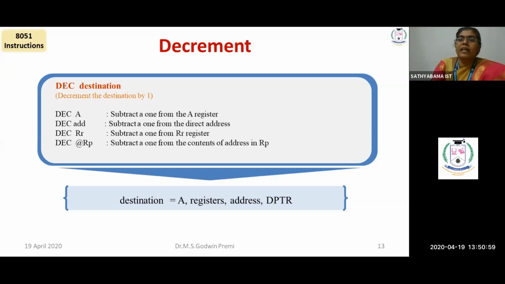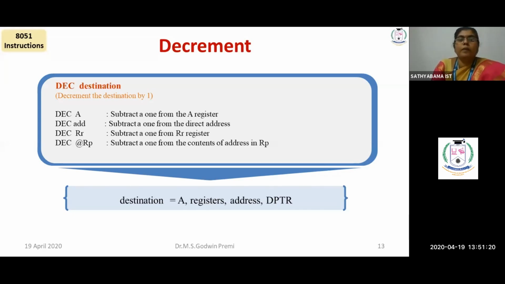By that way, that is the indirect way, we can decrement the DPTR. But there is no direct decrementing instruction for DPTR. Then decrement Rn, that means the content of the registers R0 to R7 can be decremented by 1.